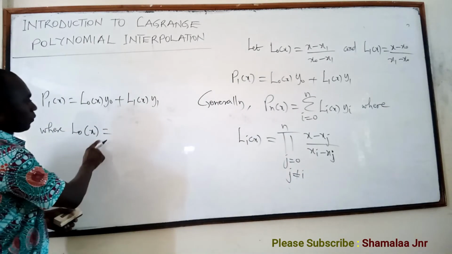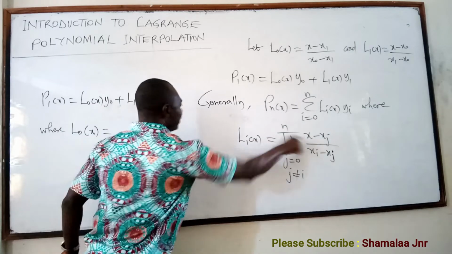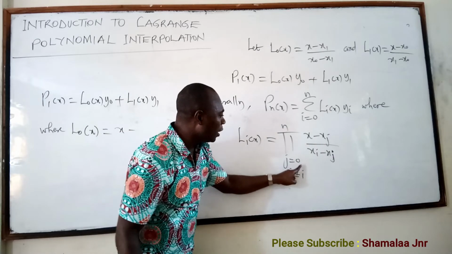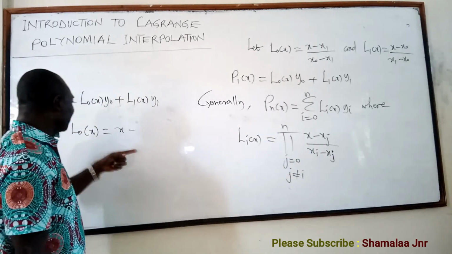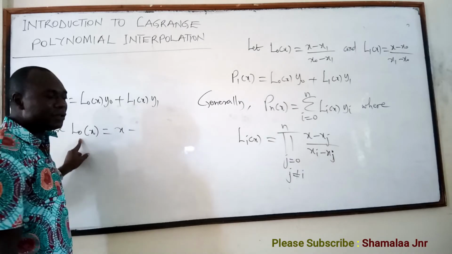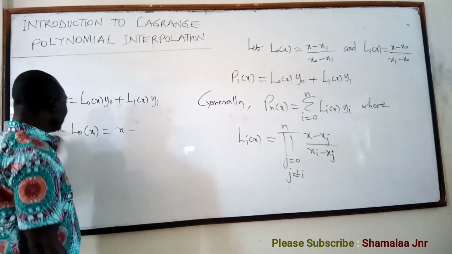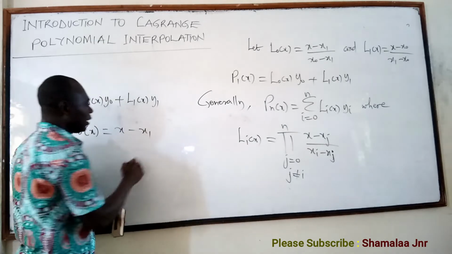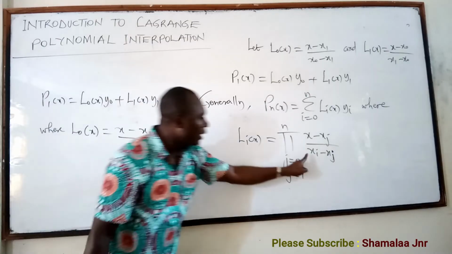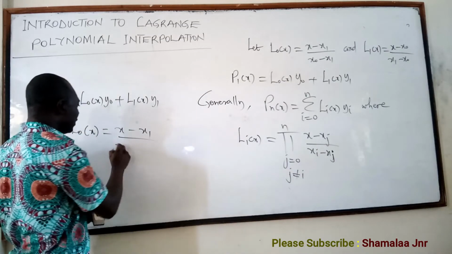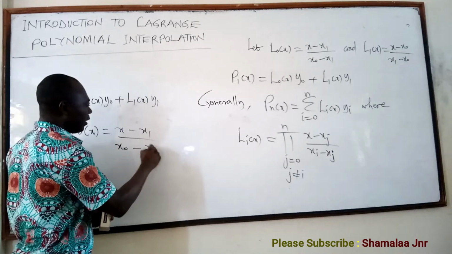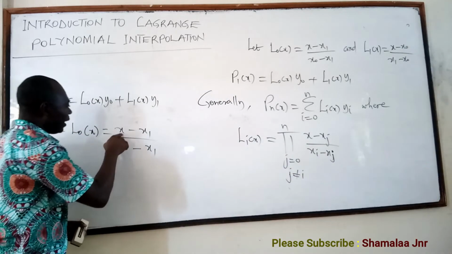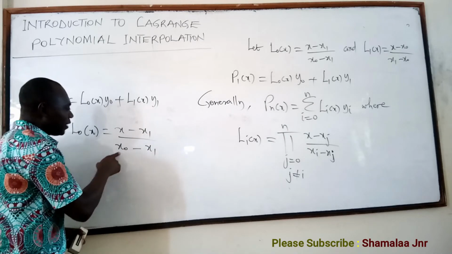So L naught of x will be x minus s1, because j wanted to start from 0, but j has seen that i has taken the 0, over si, where i is 0, so this is s0 minus s1, because this is j. Do you see it? So L0 of x is x minus x1 over s0 minus s1.